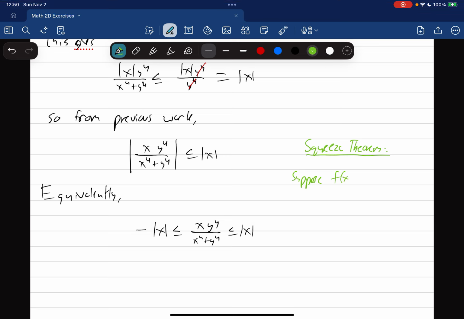So suppose f of xy is at least g of xy is at least h of xy, and the limits of f and h exist and are equal. And let's call the common value of their limits L.